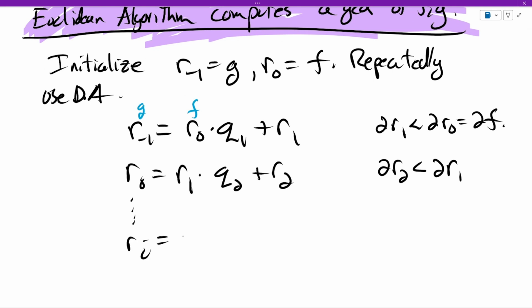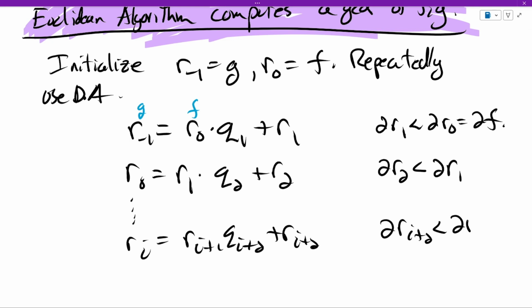Keep dividing. Let me make sure my indices are right. You just keep dividing, and each time when you divide, the degree of the remainder goes down, strictly decreases.